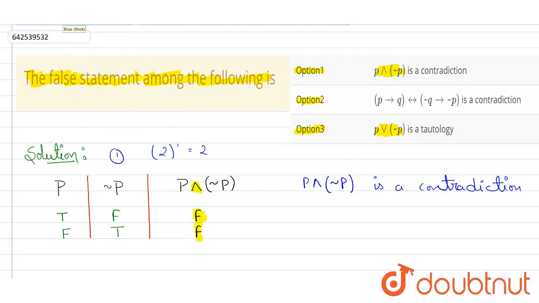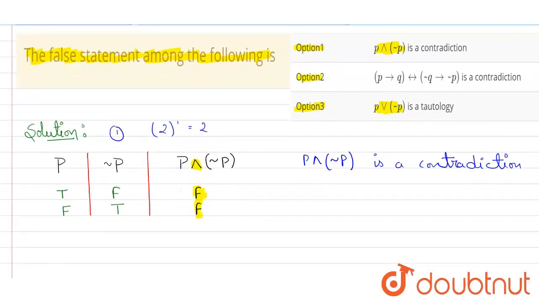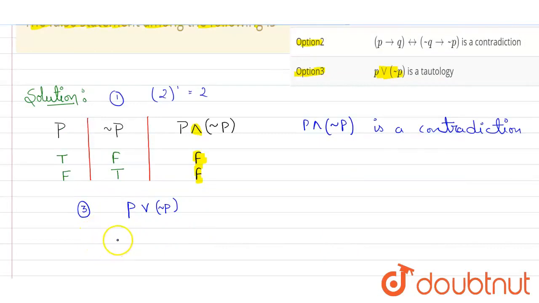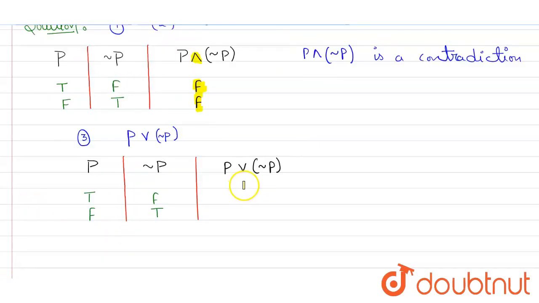Similarly we'll do for option 2, that is, okay, let's do option 3 first, because it is very easy. Then we'll do option 2. Let me draw the truth table again. This is the truth table, and here it is the OR operator. The OR operator states that if any of the inputs is true, the output will be true.